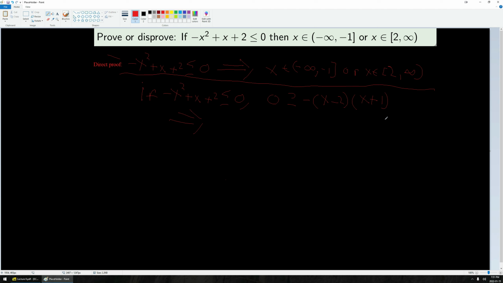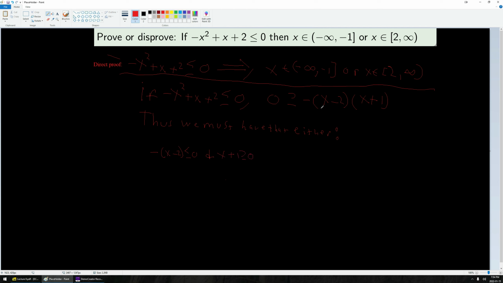So just writing this out, I could say, thus, we must have that either, in one case, I would need my minus x minus 2 to be less than or equal to 0, and my x plus 1 is greater than or equal to 0.